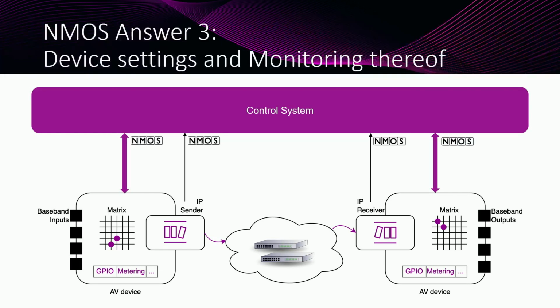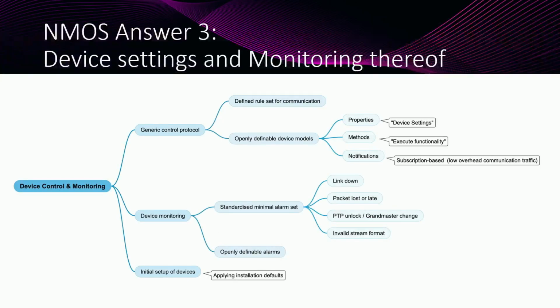So let me look into the aspects of device settings, a generic one. NMOS specifies a generic control protocol which actually defines a certain rule set of how to communicate with each other. It is basically open to define what they call device models.